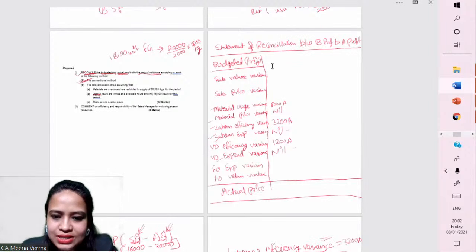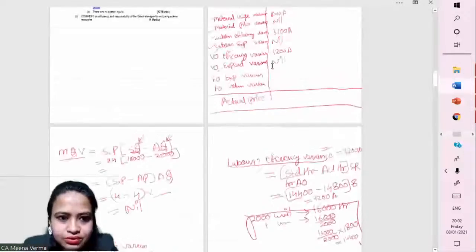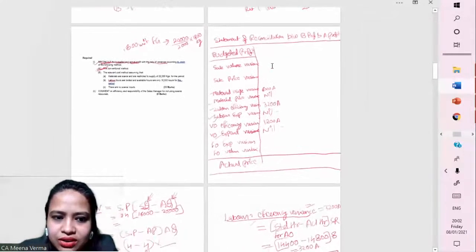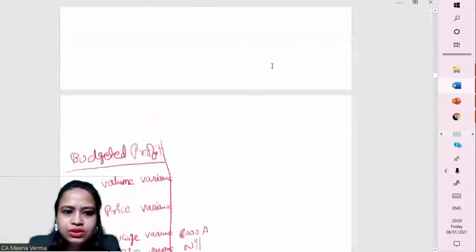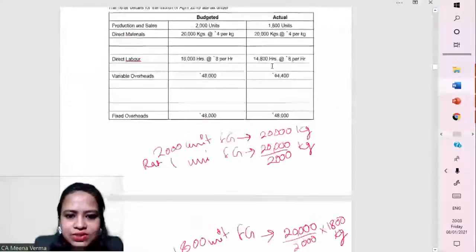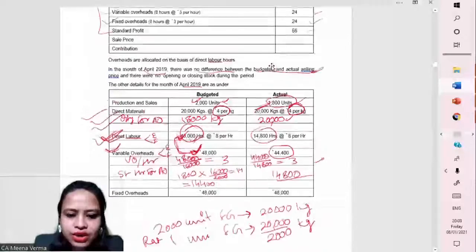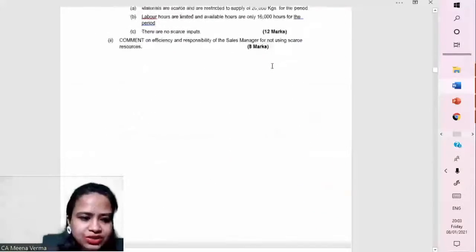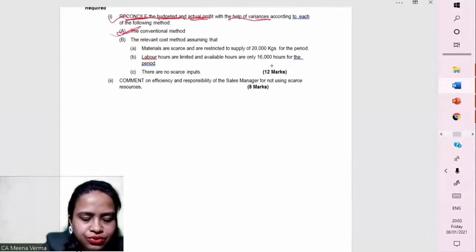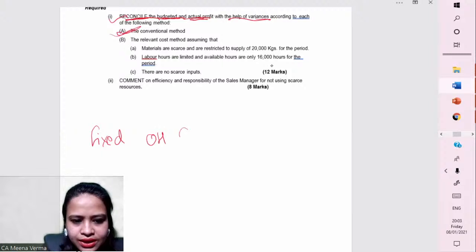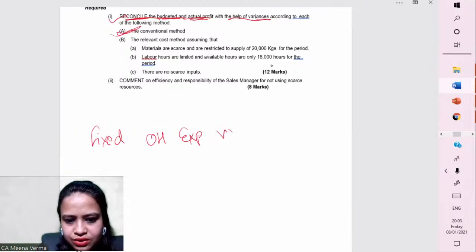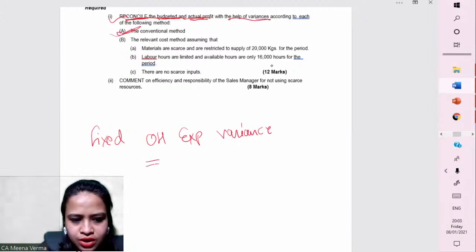Now the next thing I want to calculate is the fixed overhead expenditure variance, which is what?